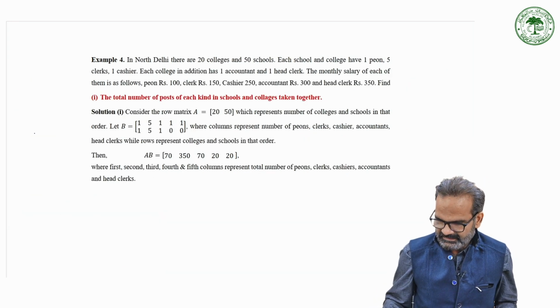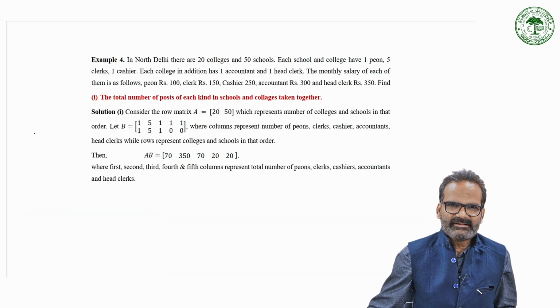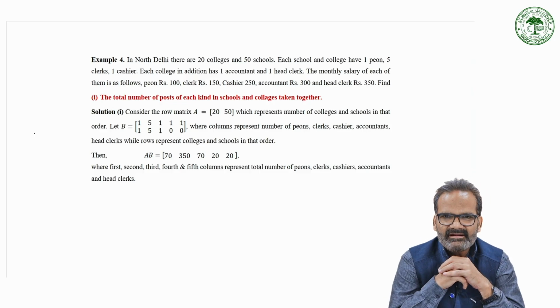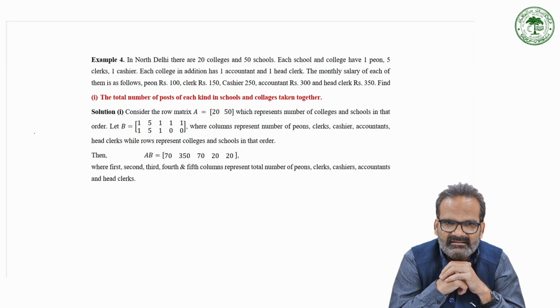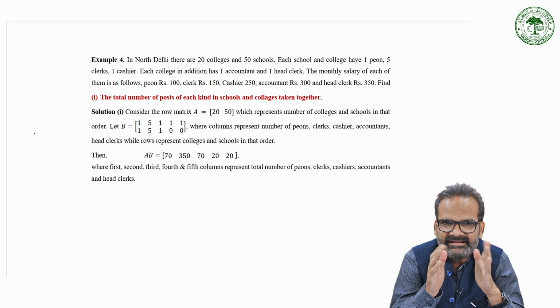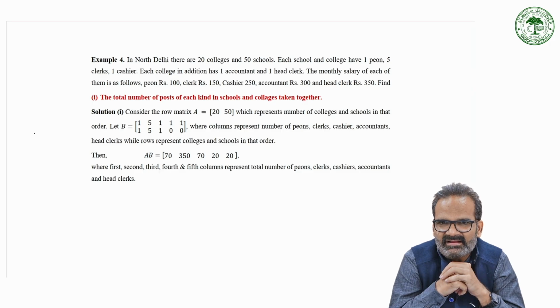See, let us take another example. In North Delhi, there are 20 colleges and 50 schools. Each school and college has one peon, 5 clerks, one cashier. Each college in addition has one accountant and one head clerk, right?